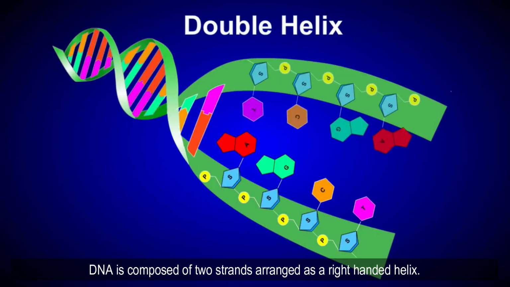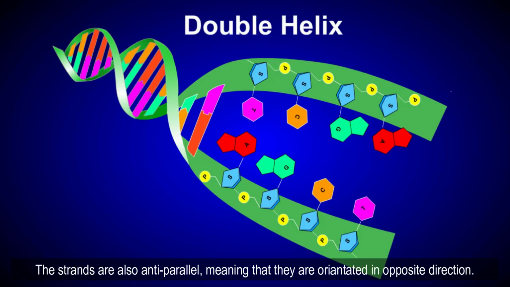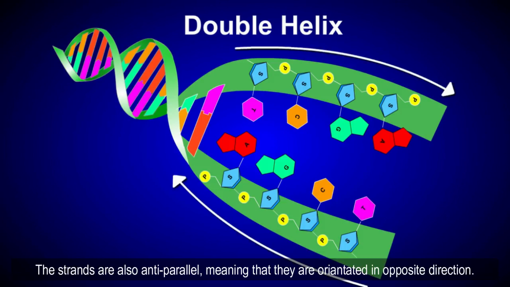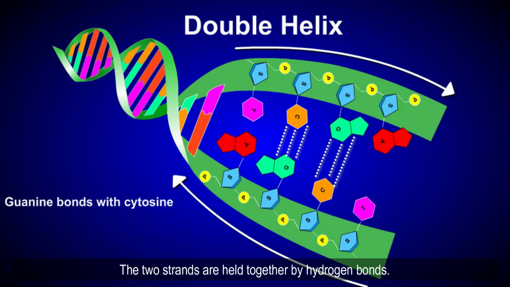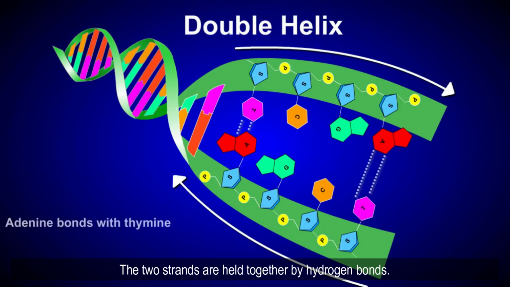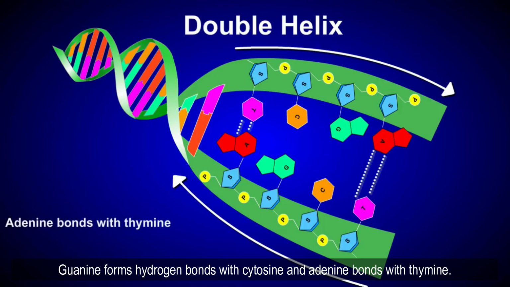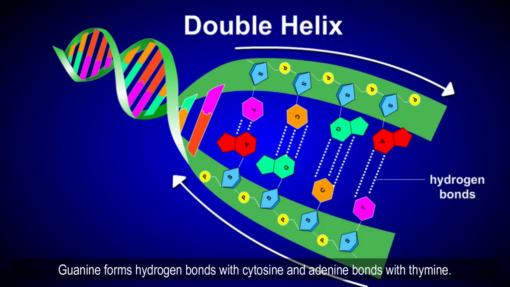DNA is composed of two strands that are arranged as a right-handed helix. These strands are antiparallel, meaning that they are oriented in different directions. These two strands are held together by hydrogen bonds. Cytosine will form hydrogen bonds with guanine, while adenine forms hydrogen bonds with thymine.